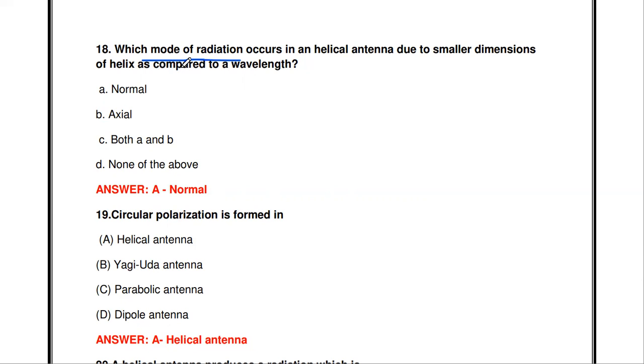When the helix dimension is much smaller than the wavelength, the radiation is called normal mode. The other one is the reverse: when the dimension is somewhat greater compared to the wavelength, that mode is called axial mode.